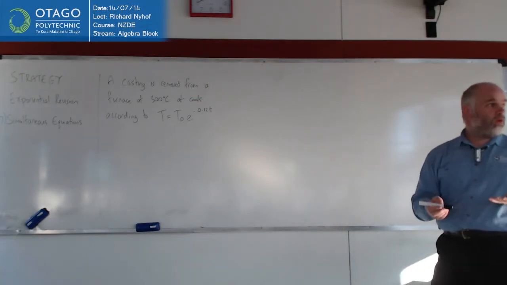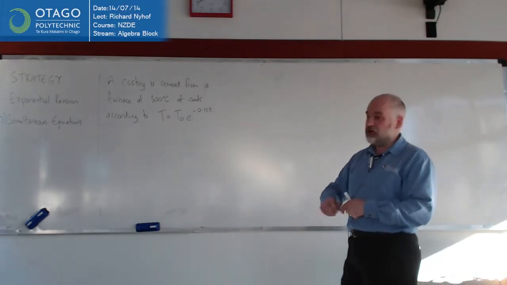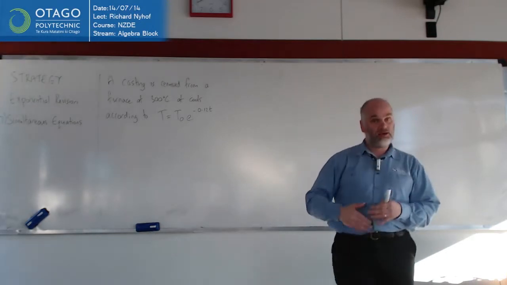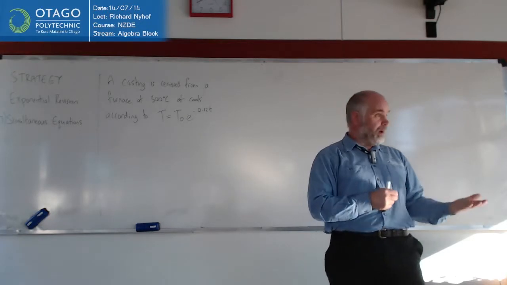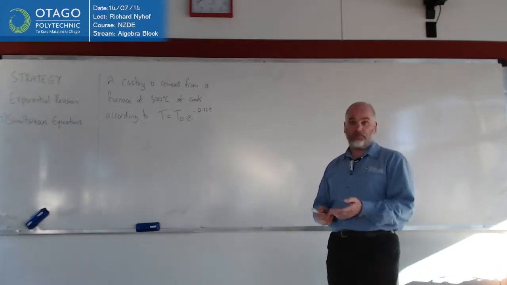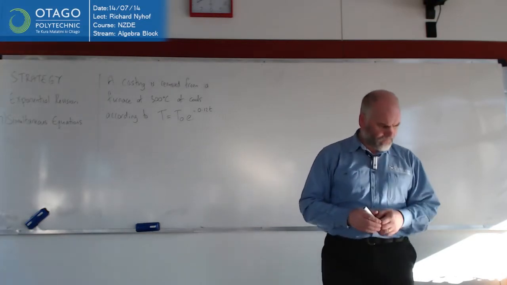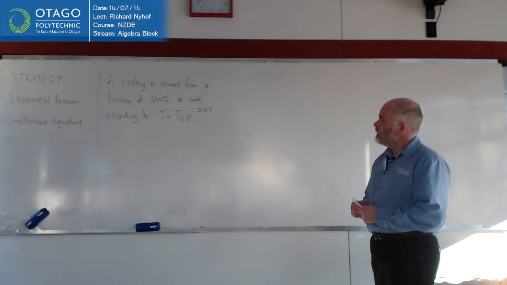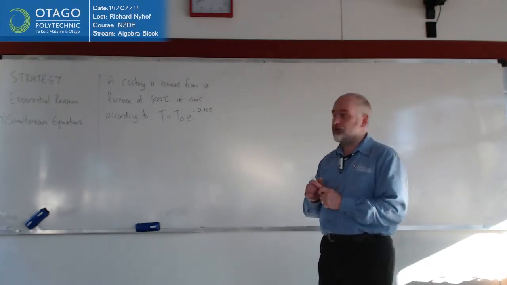Okay, so this is a rule, a law that governs how it cools, and it's an exponential, the e in it, and it's an exponential decay because of the negative. So it's going to start big, hot, and cool down. Normally when you get these, they'll tell you what the various letters stand for.